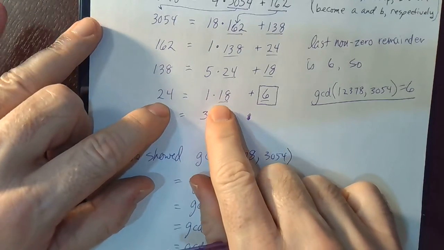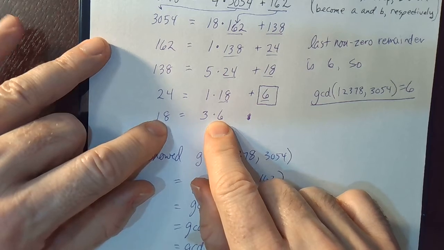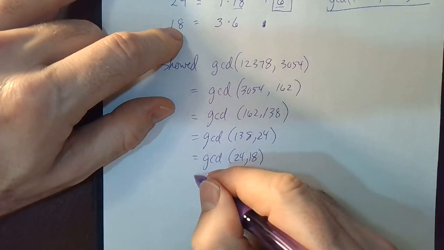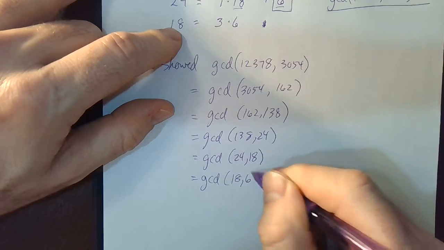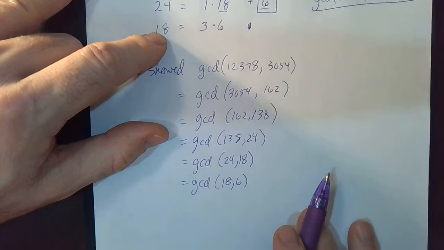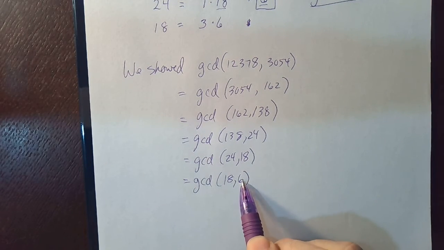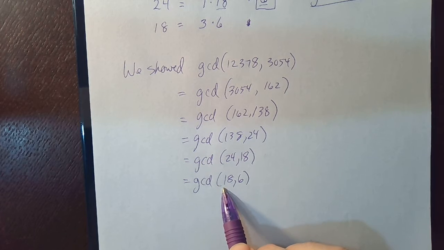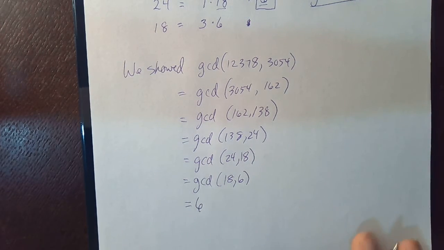And then after 24 and 18, we came down to 18 and 6. And as always, because there was a zero remainder there in this last step, B goes into A evenly. So the greatest common divisor of 18 and 6 is simply 6.